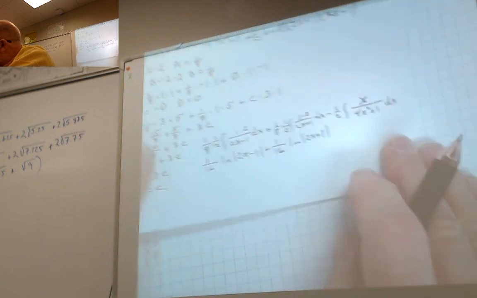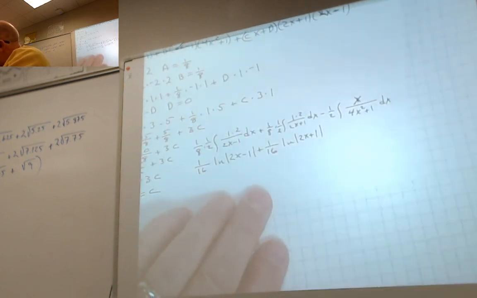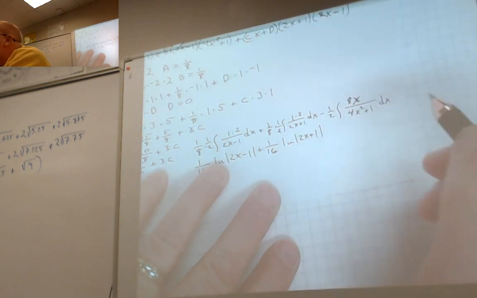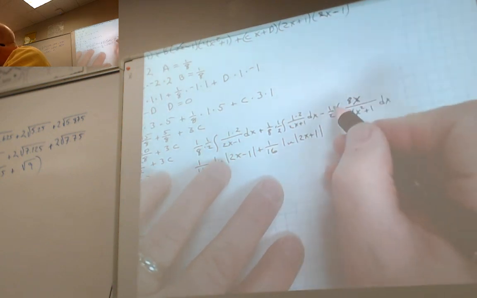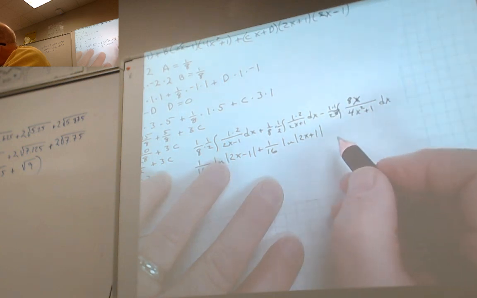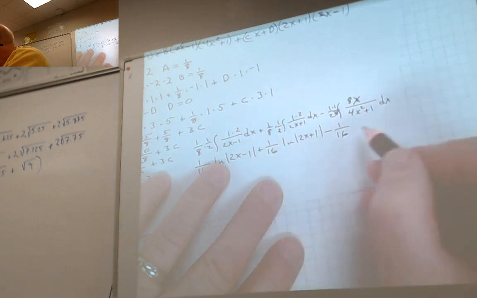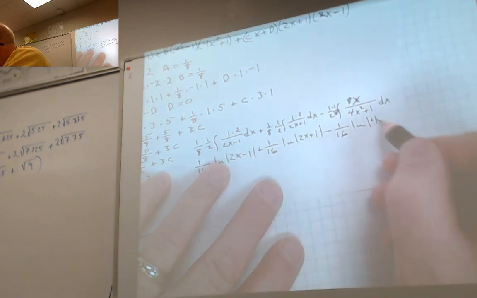What do I need here? I need an 8 here, don't I? So I'm going to multiply by 1/8. So it's going to be minus 1/16 what? The natural log of 4x squared plus 1, plus C.